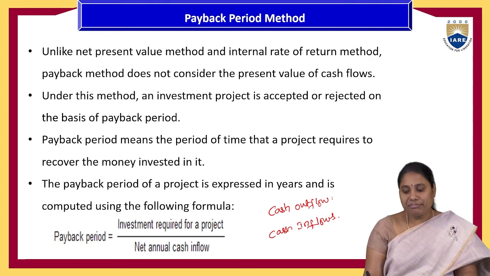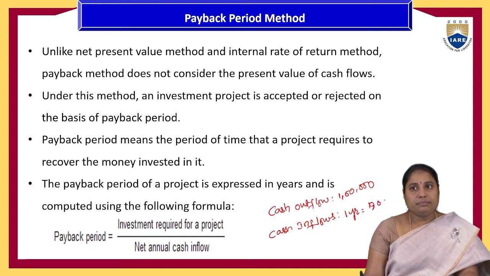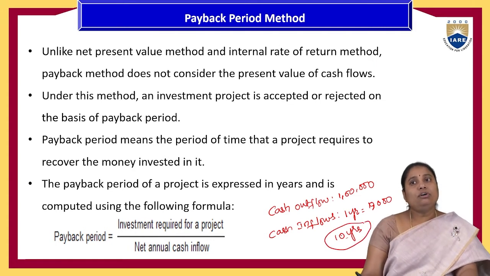So for example, if a person has invested 1 lakh rupees, and is expecting 10,000 per year, we can say it will take 10 years for him to get that amount back.